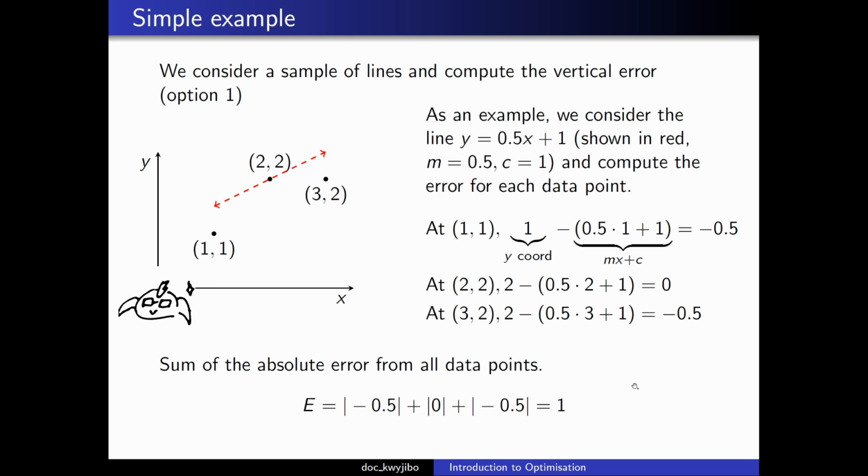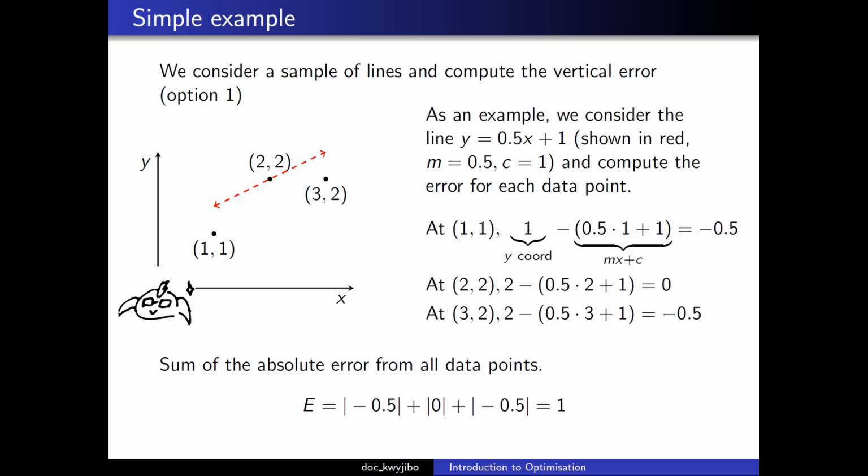So if we're looking at the absolute error, I've labeled it E. We have the absolute value of negative 0.5, it's the error from the first point, plus the absolute value of 0, the error from the second point, plus the absolute value of negative 0.5 again, this is from the third point. You add all those up and you get an error of 1.